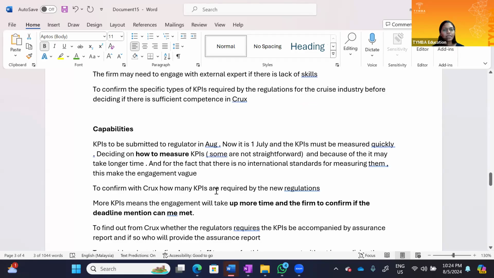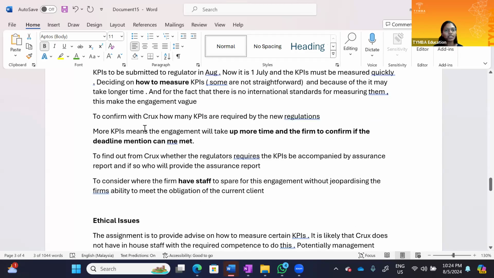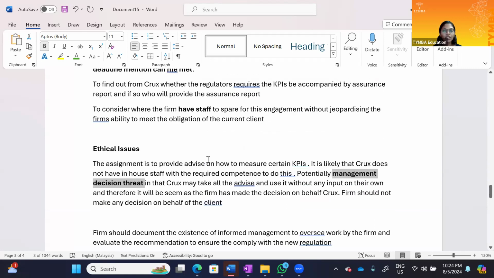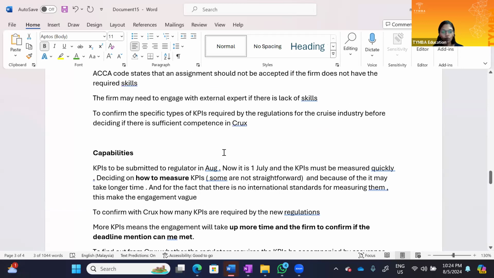Now, next one, capabilities. Here it's mentioned how to measure, the deadline, and also the staff. So it's also approximately 2 marks. Ethics is definitely about management decision, potential management decision threat, so these two are about 4 to 5 marks.